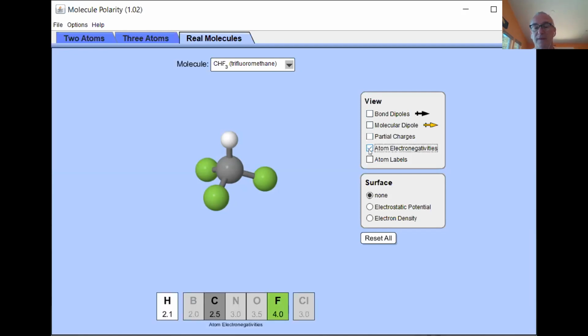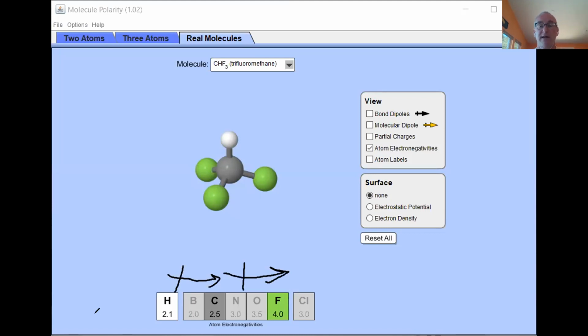So carbon and fluorine, that points towards the fluorine. But a carbon-hydrogen bond, carbon's actually slightly more electronegative than hydrogen. So carbon-fluorine is going to point in this direction, but a carbon-hydrogen is going to point toward the carbon. So it's different. So now we have one bond that's different.